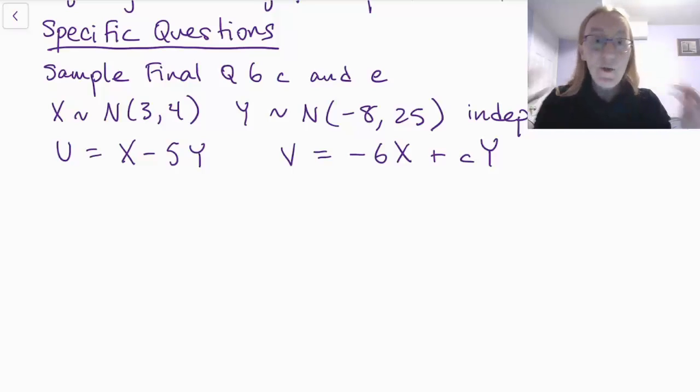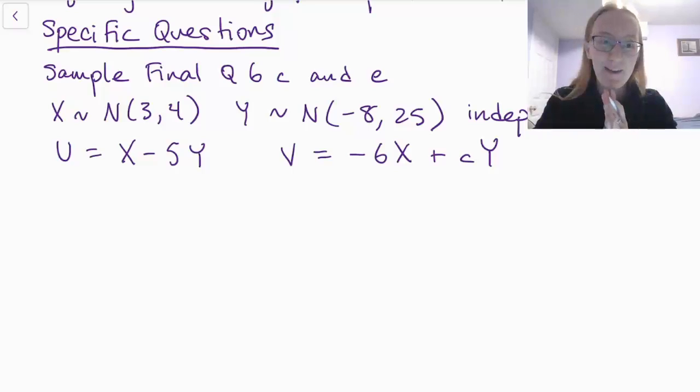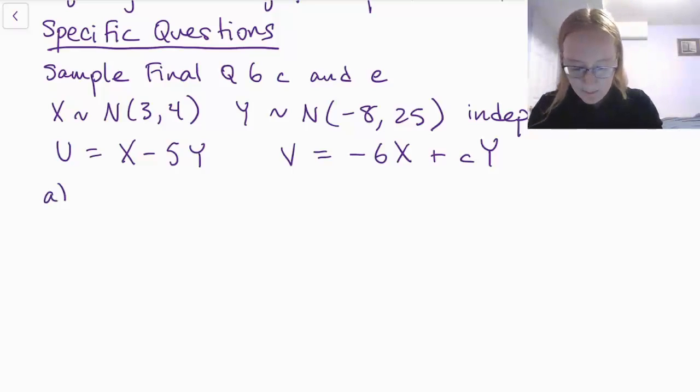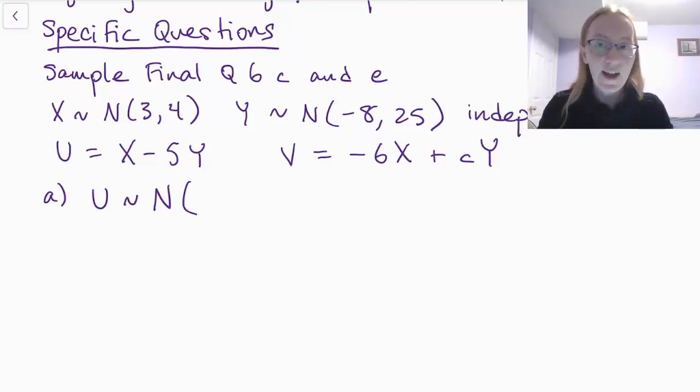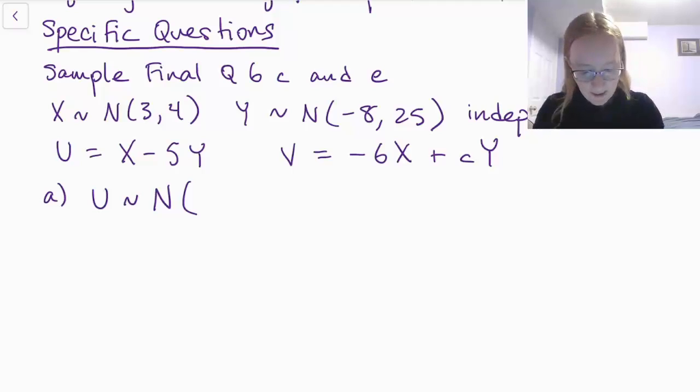You know that if U and V are linear combinations of independent normal random variables, they are going to be normal as well, and you can find the means and variances of U and V. Maybe I will write them down. So U is going to be normal, because a linear combination of independent normals is normal, with mean equal to the mean of X minus 5 times the mean of Y. Well, that's going to be 3 minus 5 times negative 8.